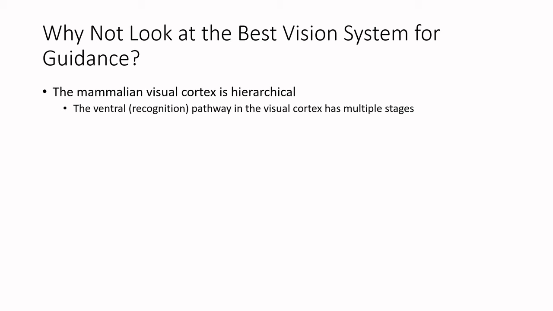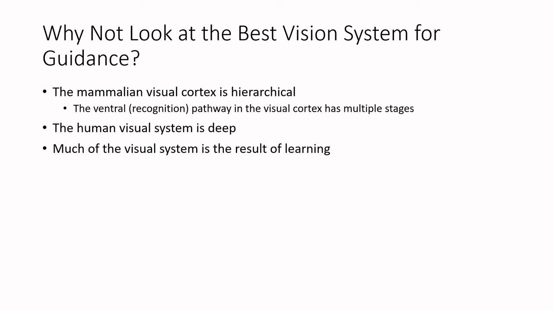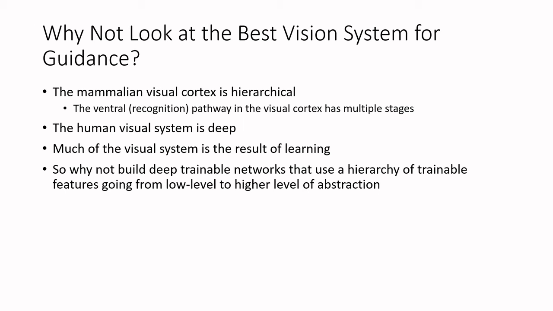One of the characteristics of this system is that it is hierarchical, it's deep, and much of the system is the result of learning. So why not follow these characteristics and build deep trainable networks that use a hierarchy of trainable features going from low level to higher levels of abstraction.